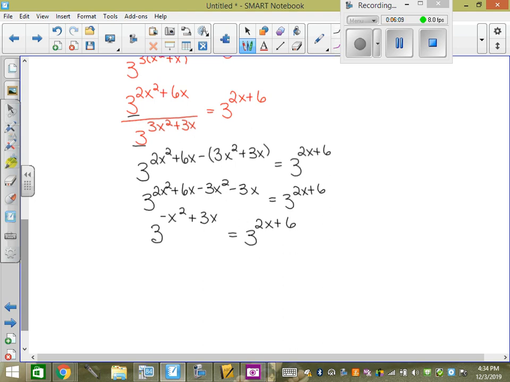Now I actually have two bases that are the same, so I can set the exponents equal. So I'm going to get negative x squared plus 3x equals 2x plus 6. Subtract 2x. Oh, I want to make it positive x squared, so I'm going to add x squared minus 3x.